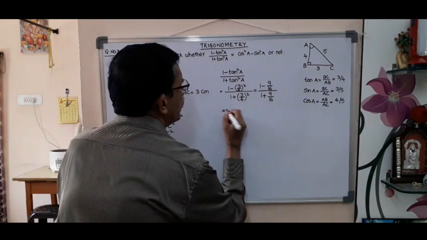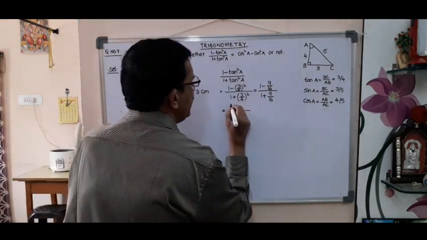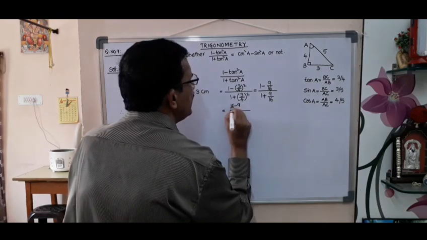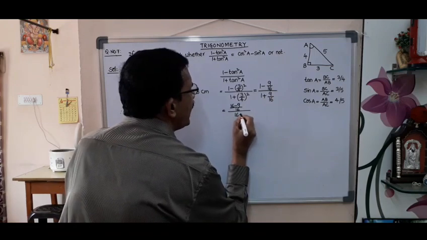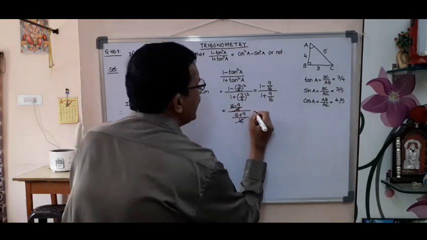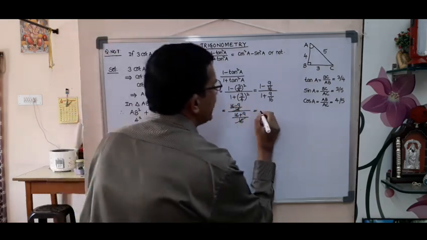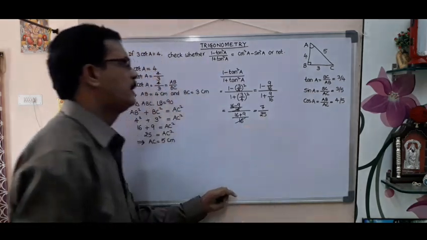Simplifying, numerator and denominator: 16 ones are 16 minus 9 by 16, in denominator 16 ones are 16 plus 9 by 16. This 16 will get cancelled. Now 16 minus 9 is 7, 16 plus 9 is 25.